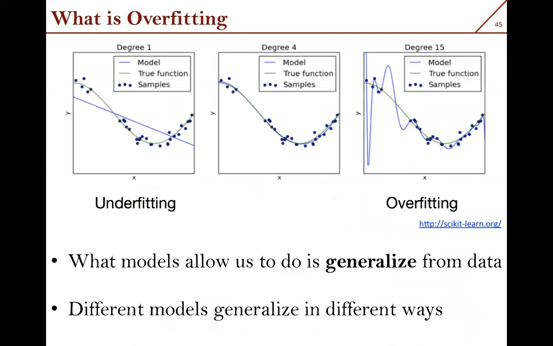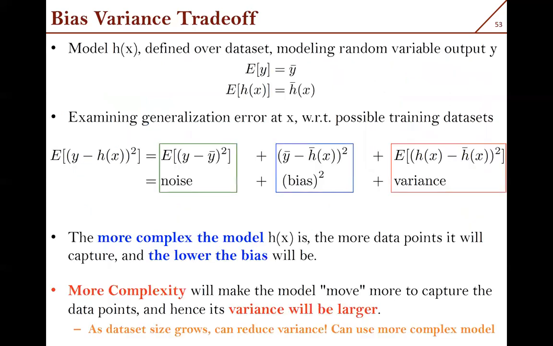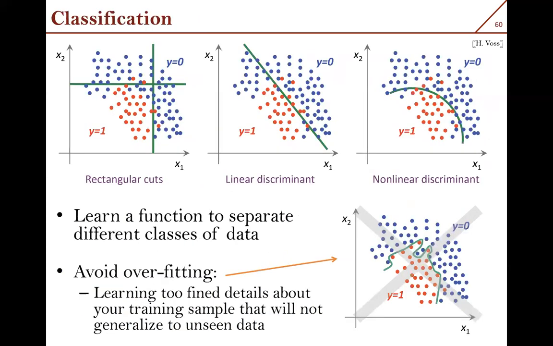Yes, what you want to achieve is what is in the middle. You want neither the underfitting case, which is on the left, nor the overfitting case, which is on the right. Similarly, that is the regression case. And similarly, in the classification, what you really want to achieve is not what you have in the bottom right.